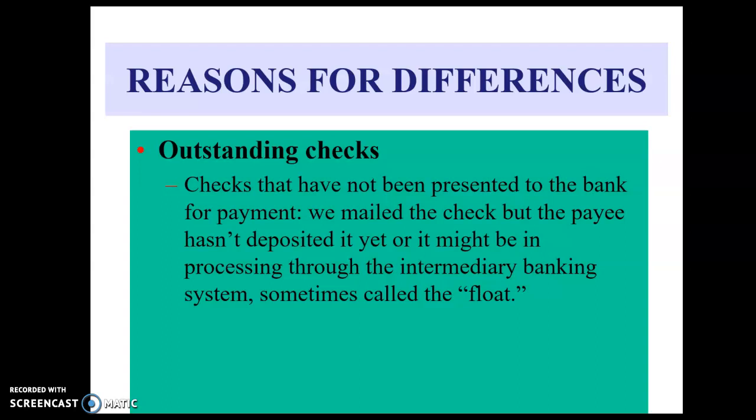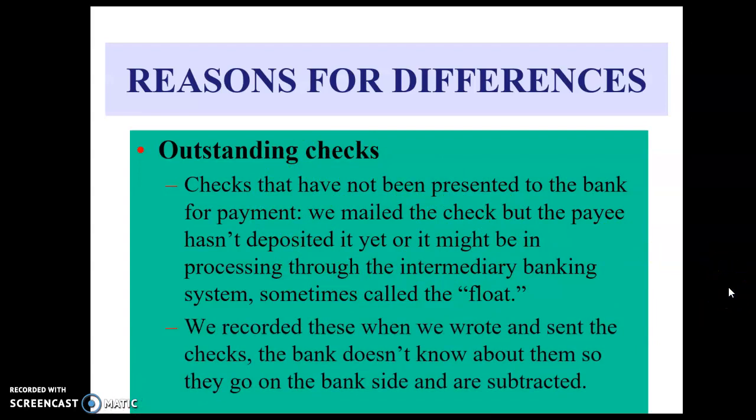They haven't been subtracted. This can happen even with an electronic check. If we have some kind of auto pay or electronic transfer, sometimes that can take a couple days to process and actually happen. If that happens, then those are called outstanding checks.